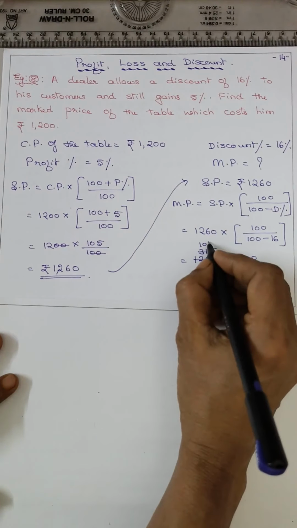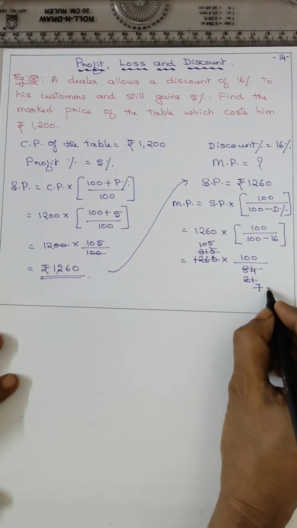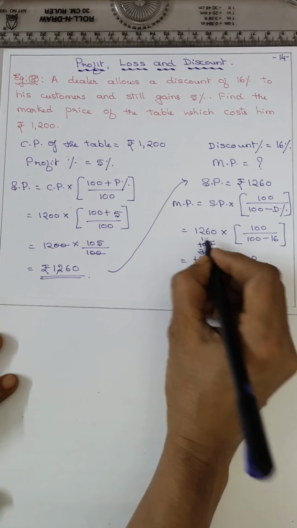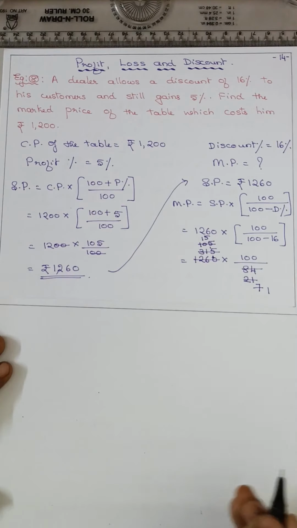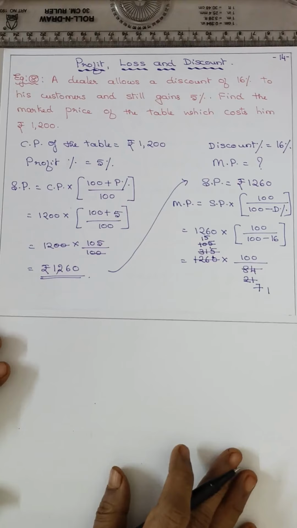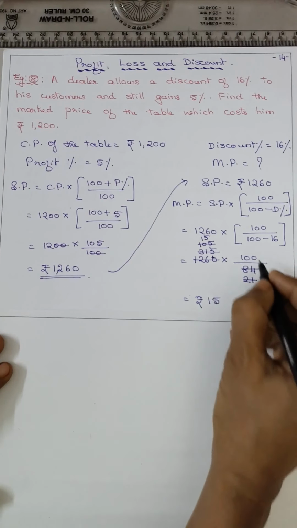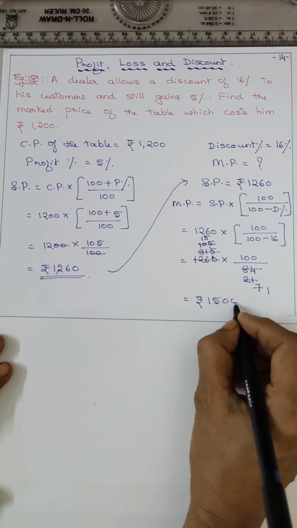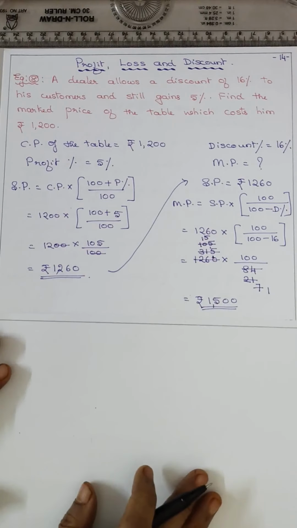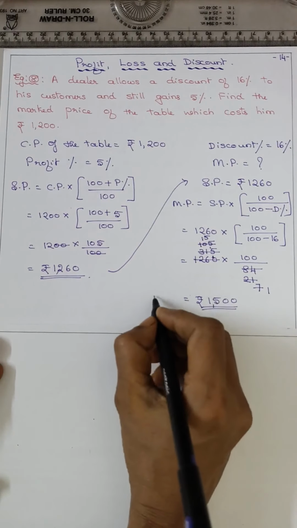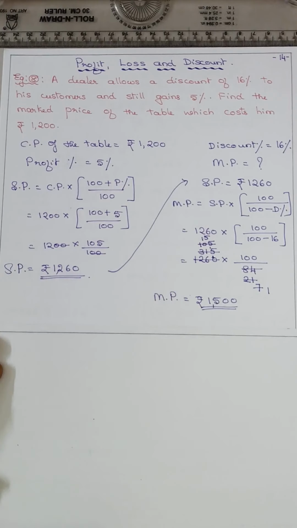So 3 5s are 15. Otherwise 15 sevens are 105. So you got 15 and 2 zeros. That means 1500. 15 into 100. So you got MP as 1500.